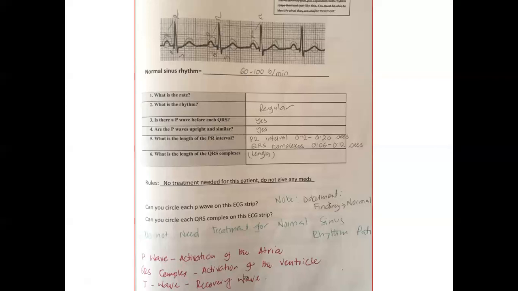But if the interval, like this is one P, another P is here, another P is here, and the interval is constant every time, we call it regular rhythm.